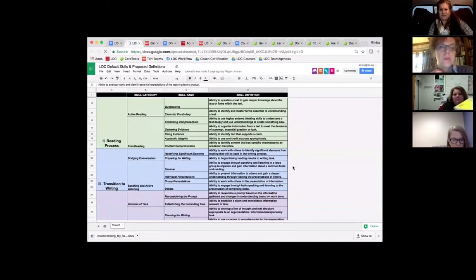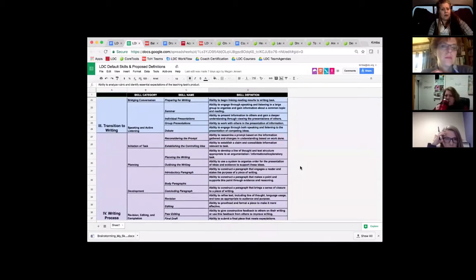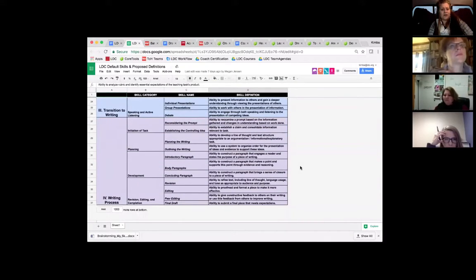And I find the definitions are really helpful because often in core tools when I'm designing, there won't be a definition there and I'm not sure how I want to frame it. And so this really helps me think of the different sequence that I need to build as I go across it. And here are some other different layers to the writing process that you might want to consider using.